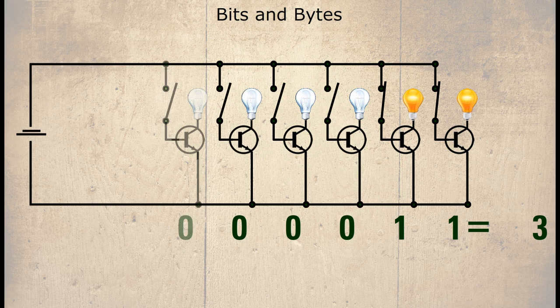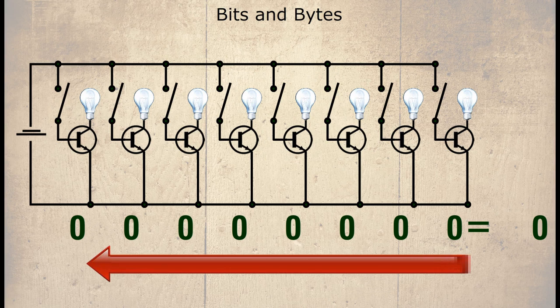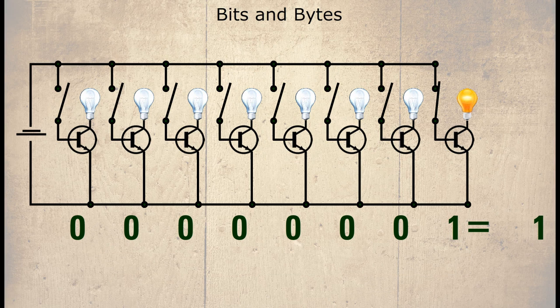Let's increase this to 8 transistors and switch the other two off. So with all the transistors off, we could say 0, 0, 0, 0, 0, 0, 0, 0. This is binary. Remember, we are working from right to left. The next state would be 0, 0, 0, 0, 0, 0, 0, 1.